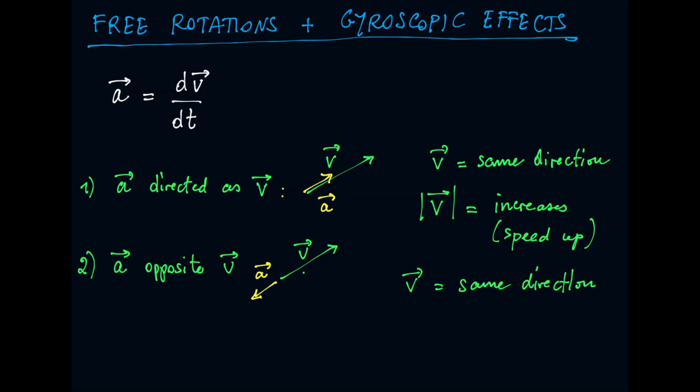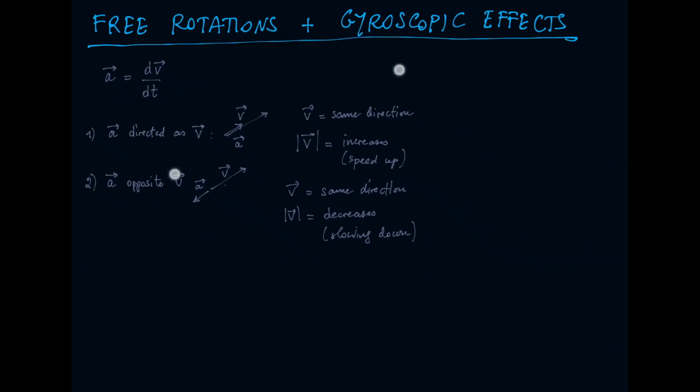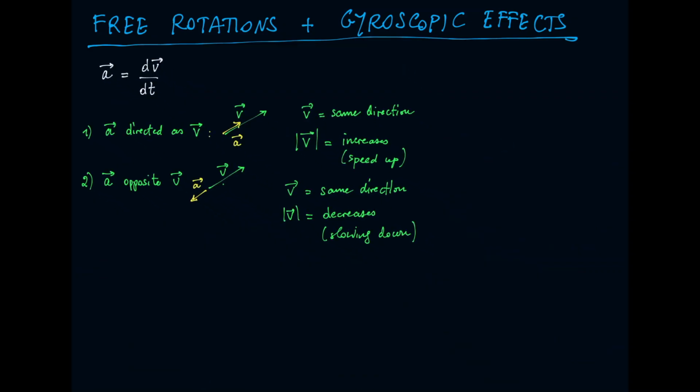There's no pull in any other direction than the direction of motion, but the speed decreases. So it's slowing down, okay? The third possibility that we consider is that the acceleration is perpendicular to velocity.